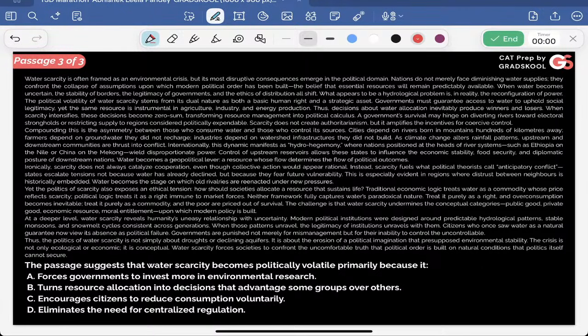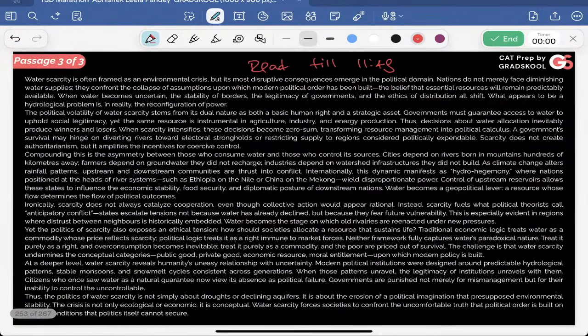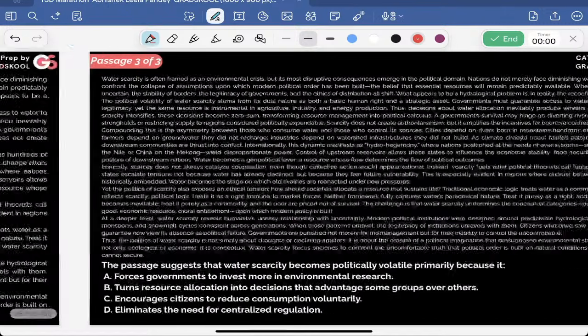All right. So let's discuss the passage and try to find the answers. Water scarcity is often framed. Let me read the questions first.